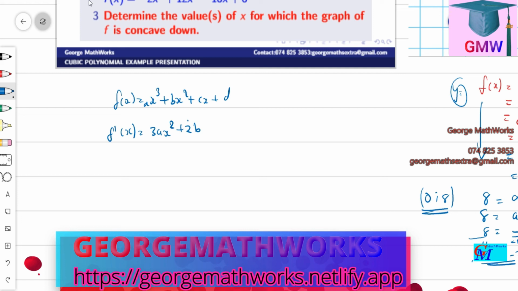I'm doing this in general, okay? Then plus c plus 0 if you differentiate a constant. Now, if you differentiate it further, second derivative, you will come up with a line. This one is not squared, it's just x.